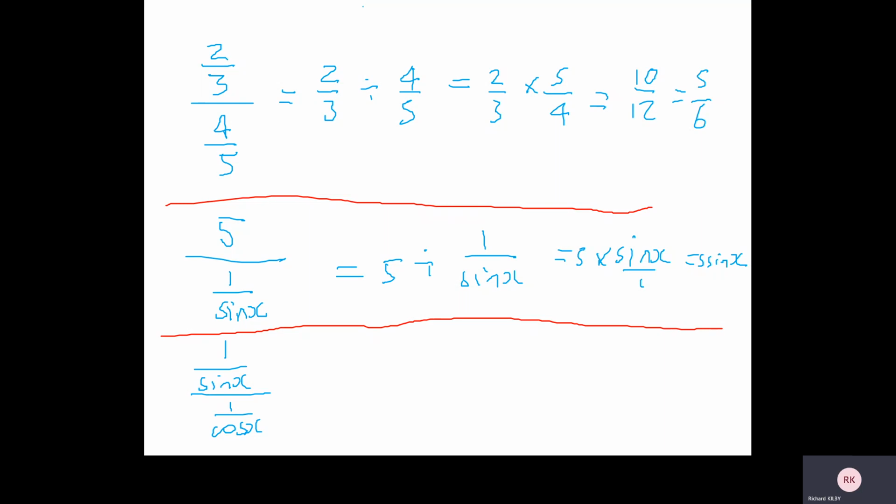And you can think of, actually, I'll say that in a minute. Okay, what have we got for this one? What have we got for 1 over sine x over 1 over cos x? We've got cos x over sine x, or 1 over tan x.